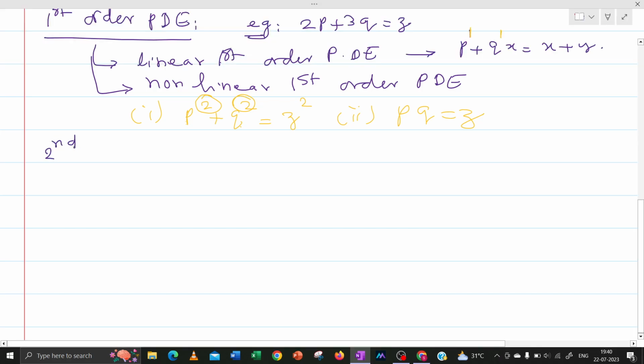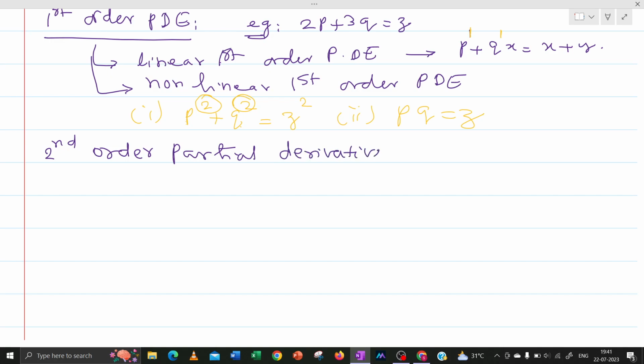Then what are the second order partial derivatives? The given function is z equal to f of x comma y. If you differentiate z with respect to x or y twice, that is known as the second order partial derivatives.